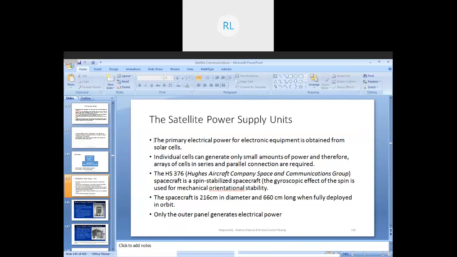Fine. The next one that you can see here is your satellite power supply units. Okay, so I've just given a brief information as to what is exactly used in your power supply units. Just have a look at it.